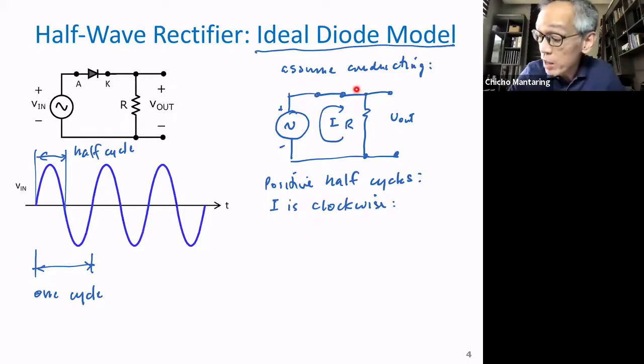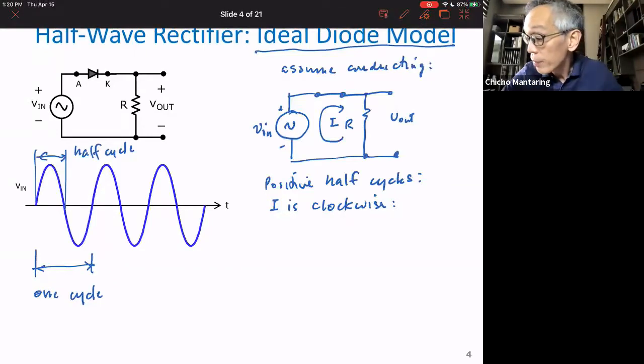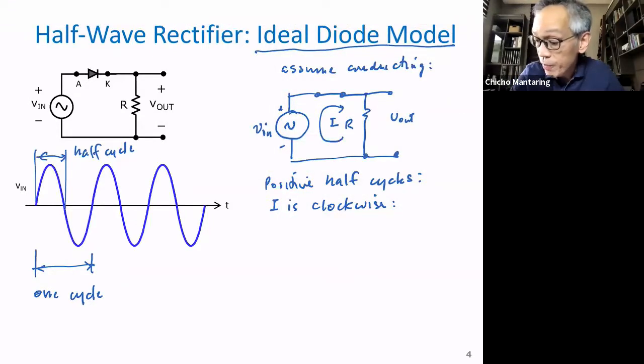And therefore, during the positive half cycles, this is the correct equivalent circuit. Okay. Now, what is V out? Note that V out is just equal to V in. So if I were to draw V out, let me draw V out here. My V out will be equal to V in. So let's assume the red is now my V out. This is now V out.